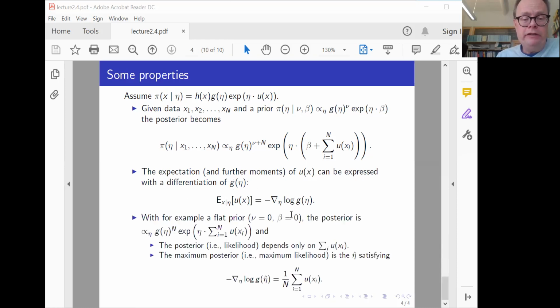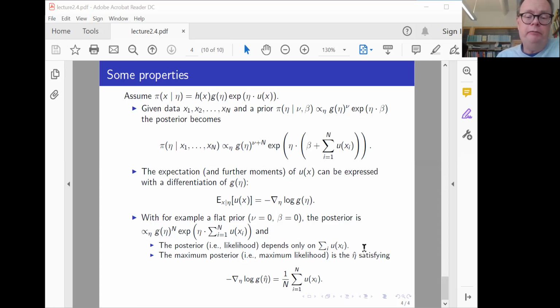And further, for example, if you have a flat prior, which would correspond to having nu equal to 0 and beta equal to 0, then you would simply get this as the posterior.